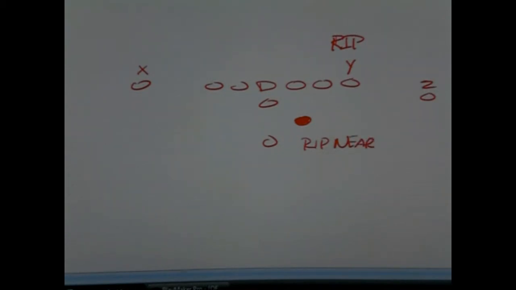Okay? Now, very simply, we want to change this look. We want to go and get a look with our Z out here. That's now a rip over, because we call all the receiver stuff first. Rip over.